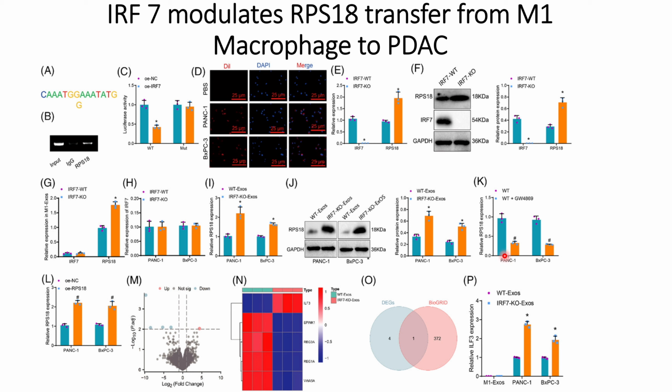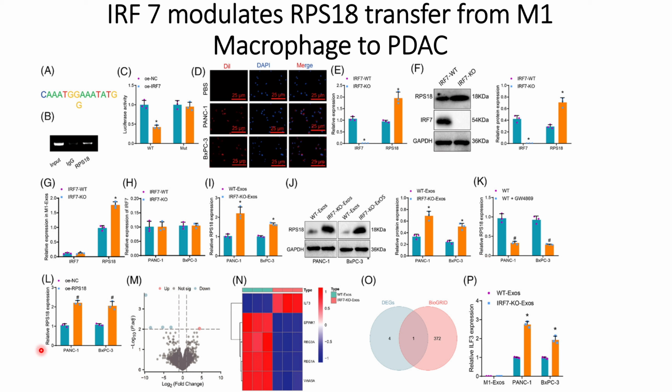They can see that RPS18 transfer from the M1 macrophages into the pancreatic cancer cells is reduced, indicating that it's the extracellular vesicles that are responsible for the transfer of this RPS18 from the M1 macrophages to the pancreatic cancer cells.